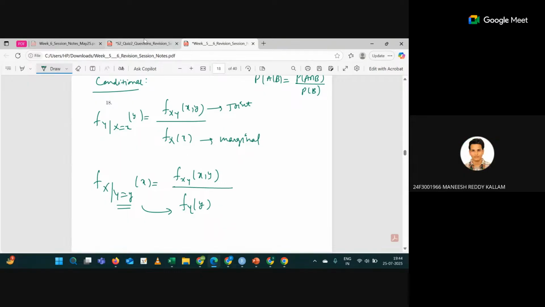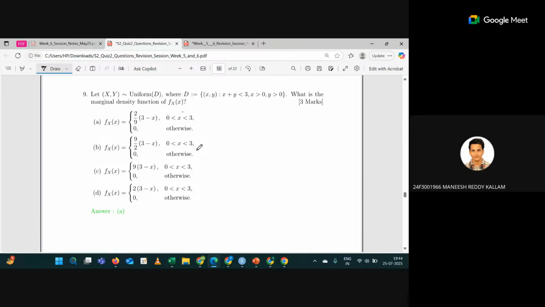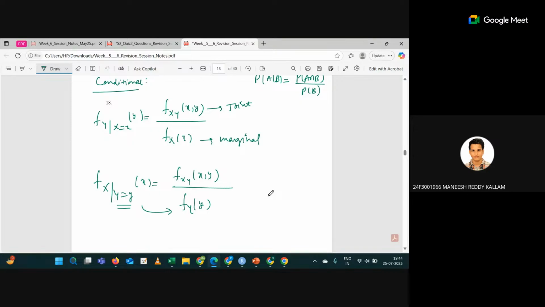Let's try to solve the question. Sir, could you go to the previous one? Over here, to prove independence from conditional, if they are independent, then the joint PDF would be f of x into f of y.